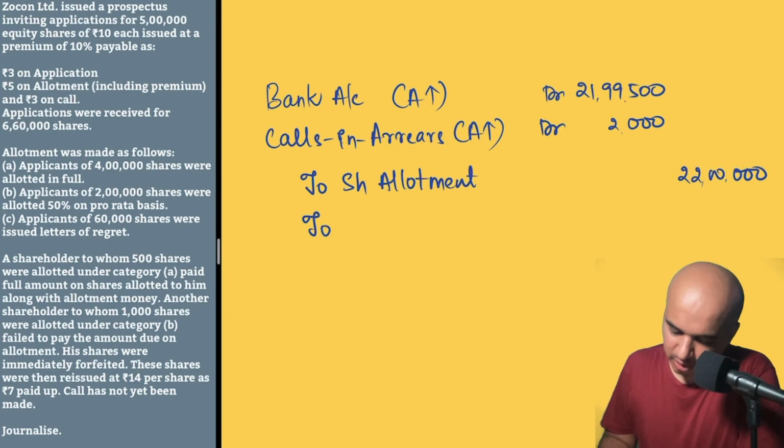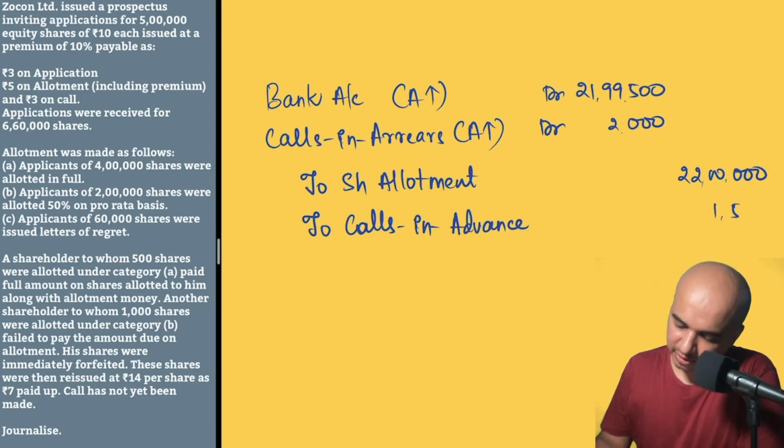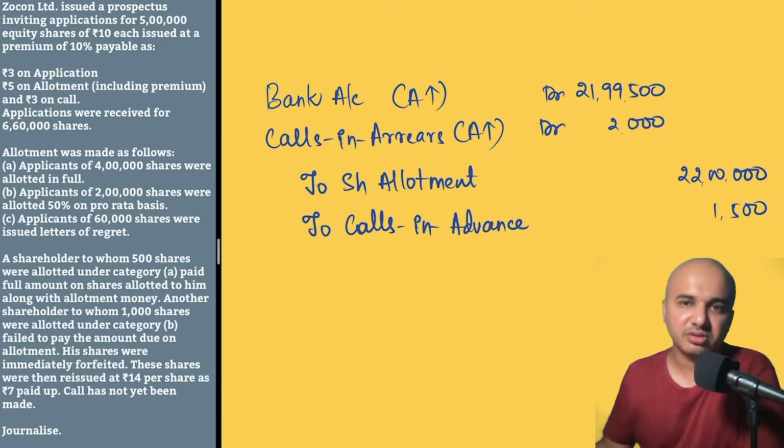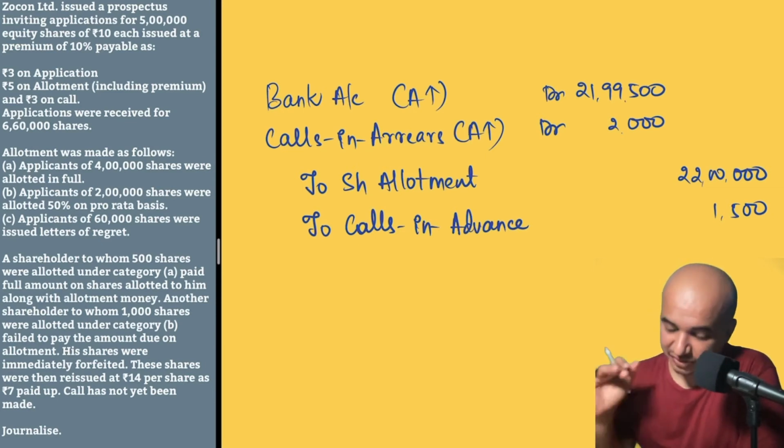To calls in advance, 500 into 3, 1,500. That's it. So 22 lakhs plus 1,500, 22 lakhs 1,500. 21 lakhs 99,500 plus 2,000, once again 22 lakhs 1,500. So this is the important entry in this stage.